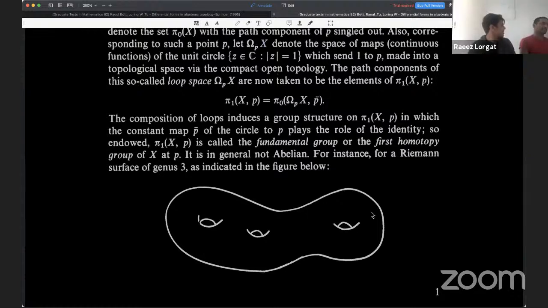Well, that's okay. That now makes sense. Yeah, so you see the game that is emerging. We've translated this difficult question of how many n-dimensional holes are in your space to a much simpler question of how many connected pieces there are in a much more complicated space. So we push the complexity around a little bit, but it turns out that it is extremely difficult to compute these groups.